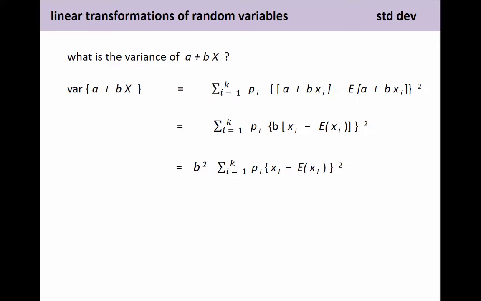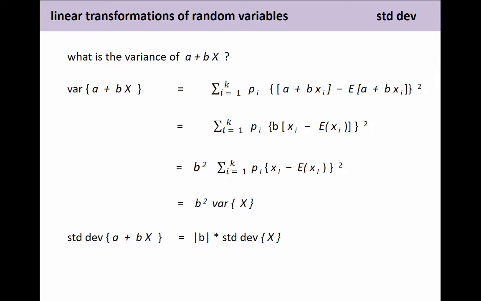So now we have b squared times the sum p sub i times x sub i minus its expected value squared, and again, almost by recognition of the formulas, this is b squared times the variance of x. So that's what happens on the variance scale. Nothing changes with the a because we're just shifting back and forth, but we actually have the constant b squared.